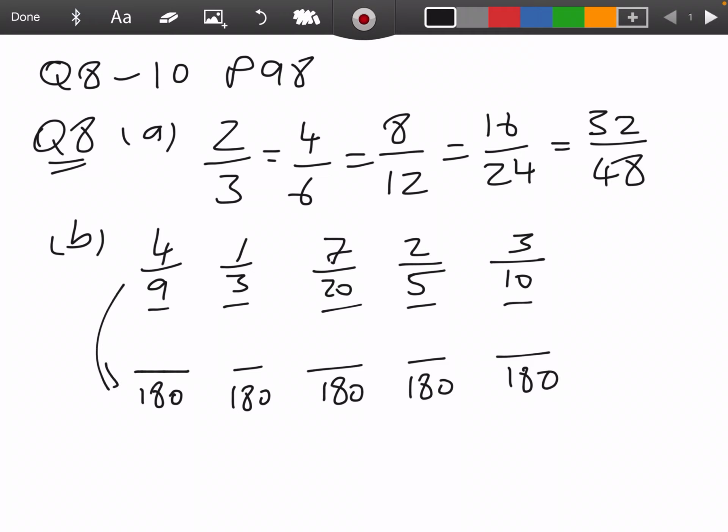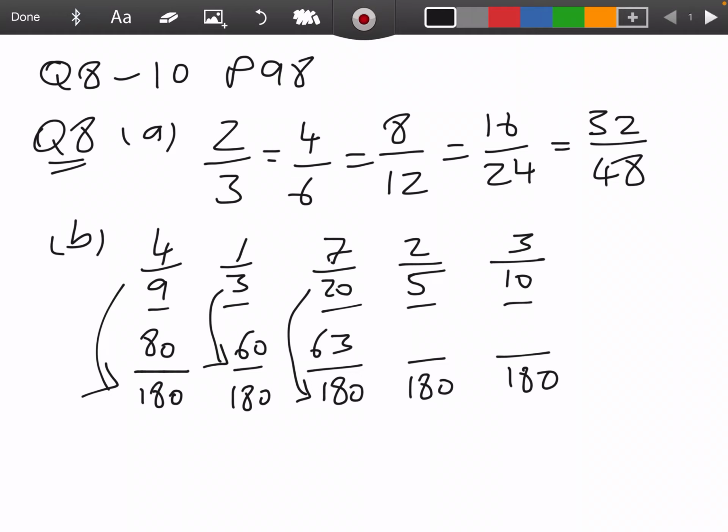So 9 to 180, I'll multiply by 20, so I have to do that by the same on the top. So that becomes 80 over 180. This one is going to be multiplied by 60, so that becomes 60 over 180. That one's going to be multiplied by 9, so that becomes 63 over 180.